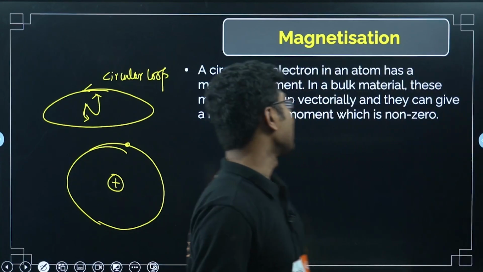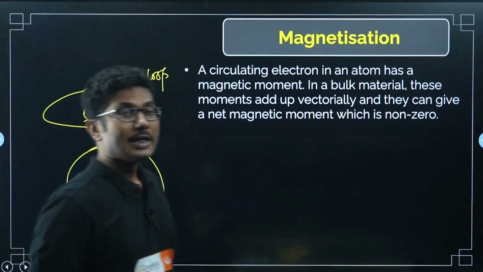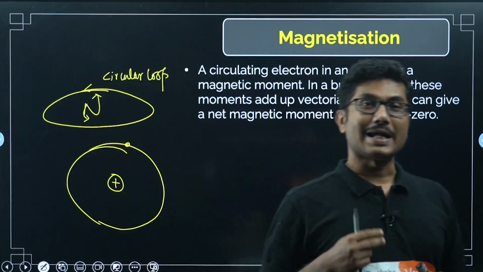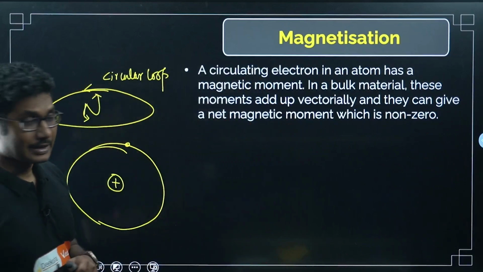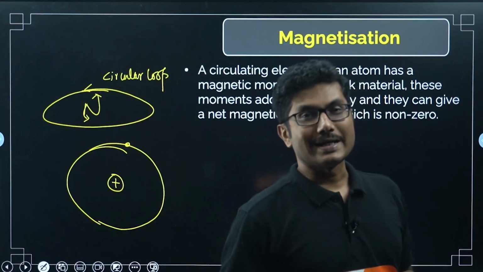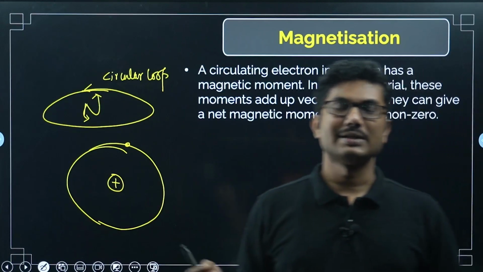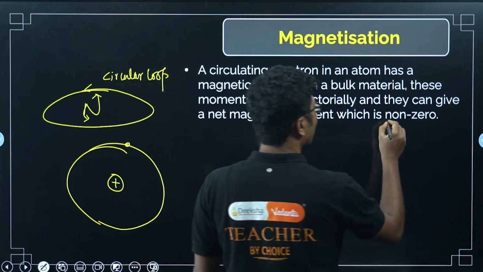If there are two electrons, one rotating in this direction and another rotating in the opposite direction, then they sometimes cancel each other's magnetic moment. But if they do not cancel, suppose there is a lone single electron, then whatever magnetic moment is there due to that single electron is not zero.